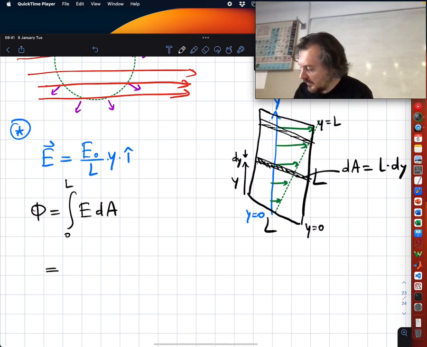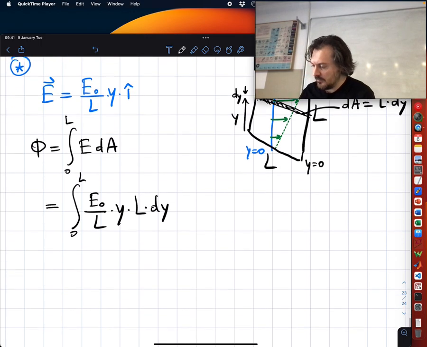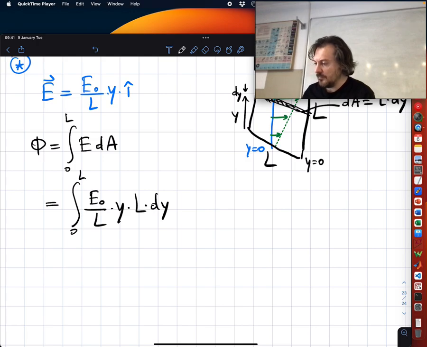So what do I get? Integral from 0 to L of E0 over L times y times L times dy, right? Tell me. The upper index of the first integral cannot be L though. Why not?